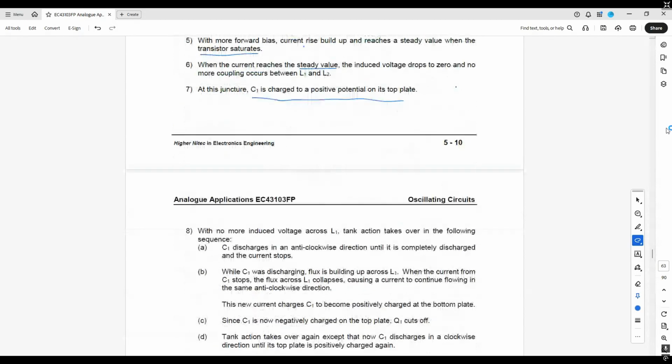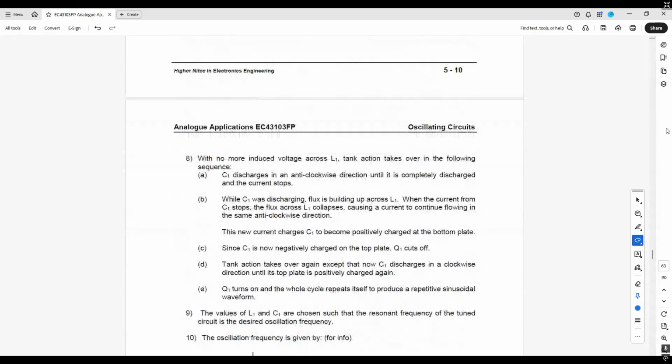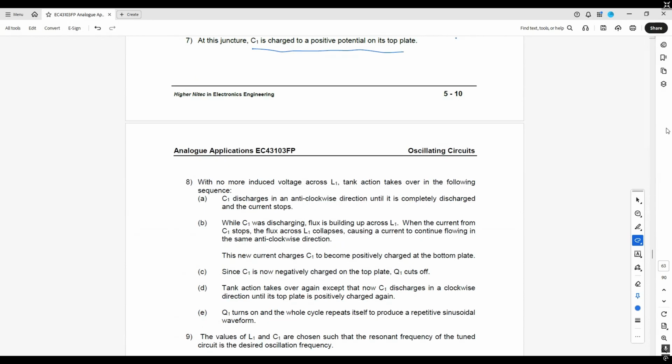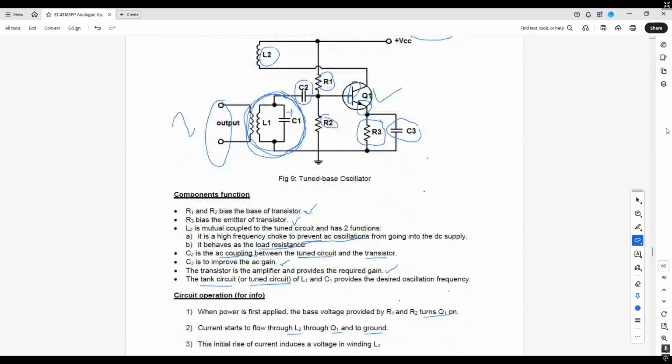Okay, you follow me first. Then of course, with no more point number 8, quite a fair bit. You follow me a while first. Later we can summarize. With no more induced voltage across L1, the tank action takes over the following sequence. Okay, that means from that point onward, something is happening only here, the L and C circuit here.